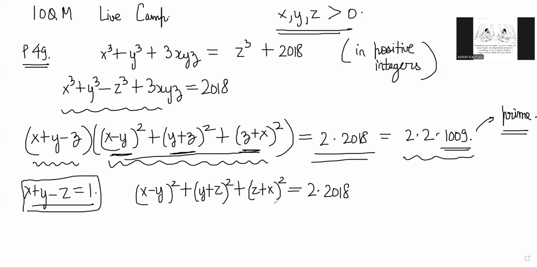And this basically means x plus y minus z is 1. So we also know this result, x cube plus y cube minus z cube plus 3xyz is 2018.